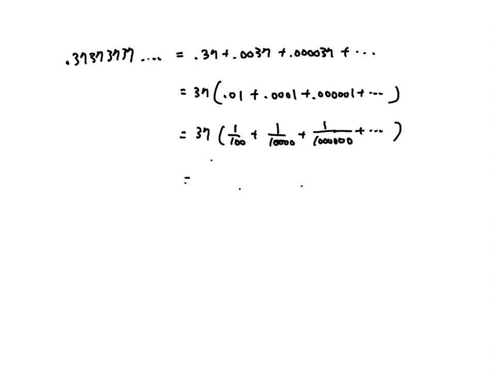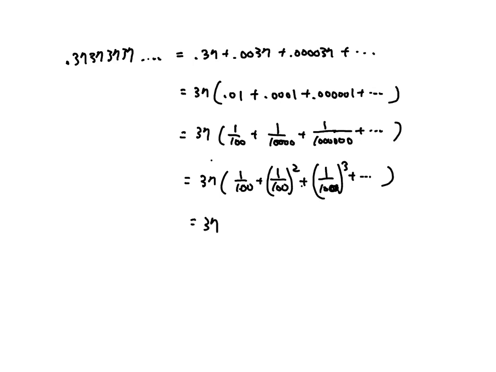So this is 37 times 1 over 100 plus 1 over 100 squared plus 1 over 100 to the 3rd power, and so on.